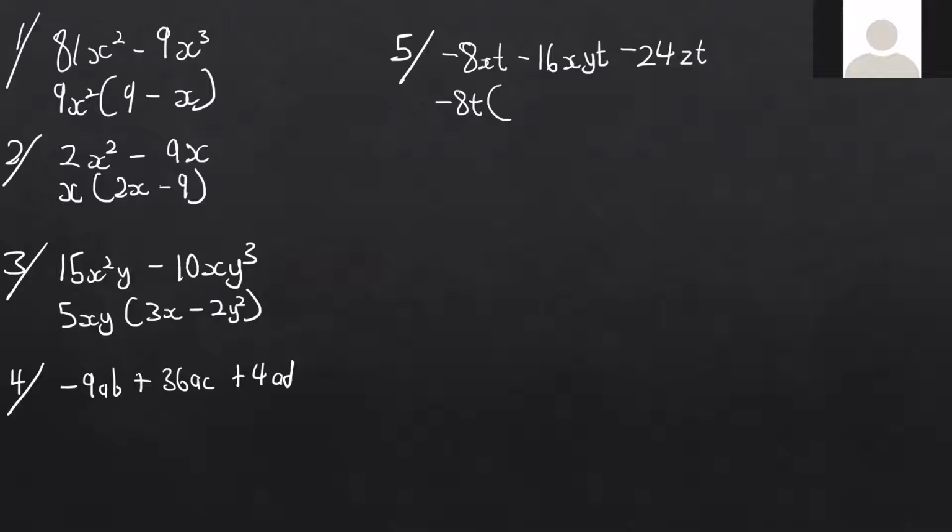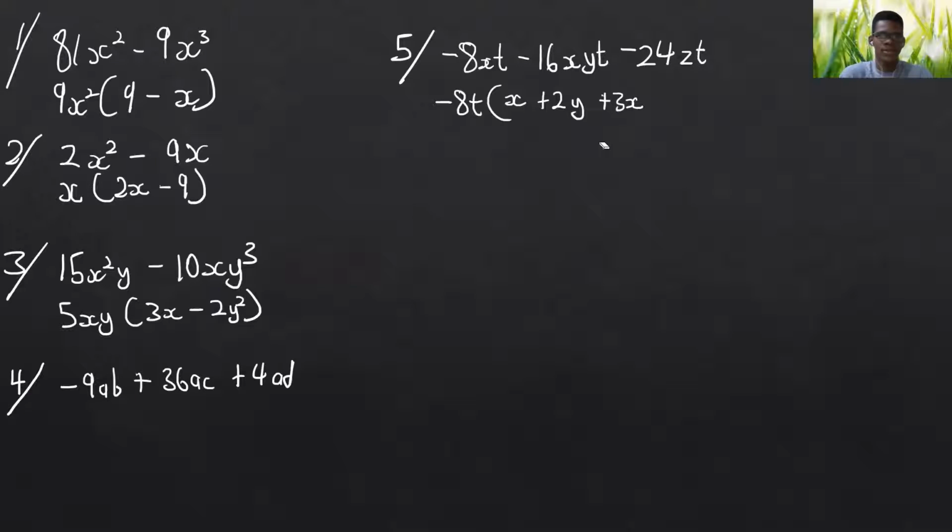So negative 8, open bracket x plus 2y plus 3z. Yeah, that's my bad. I heard you, but my brain wrote the wrong thing. Good.